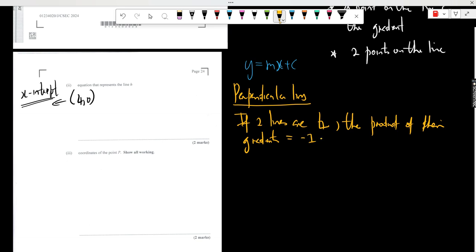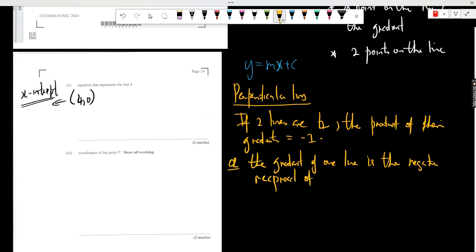That is a property. If two lines are perpendicular, the product of their gradients equals -1, or we can say that the gradient of one line is the negative reciprocal of the gradient of the other.